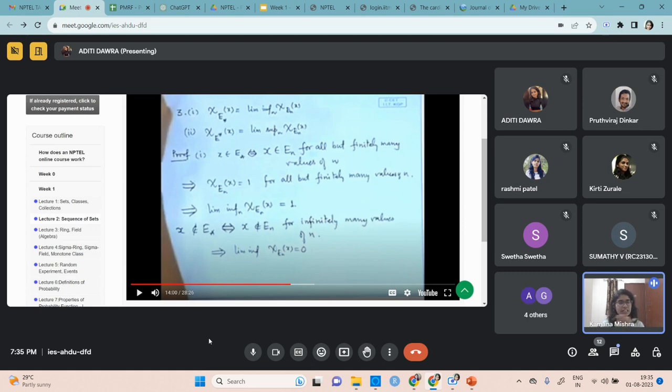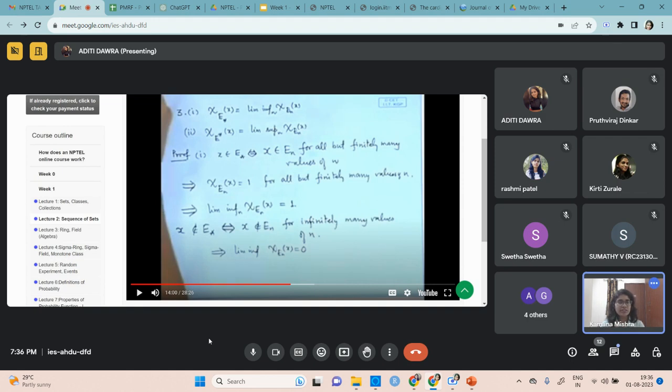Like if you have a set of all ones, what will be its infimum? It will be 1, right? If you have a set with all zeros, then its supremum or its limit, whatsoever you take, will be 0.